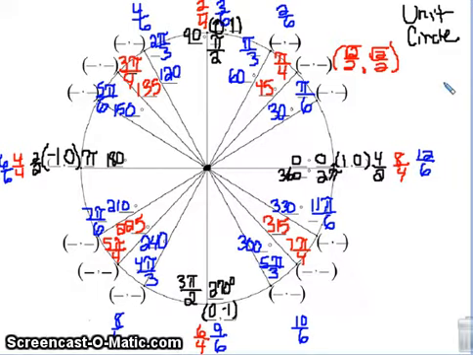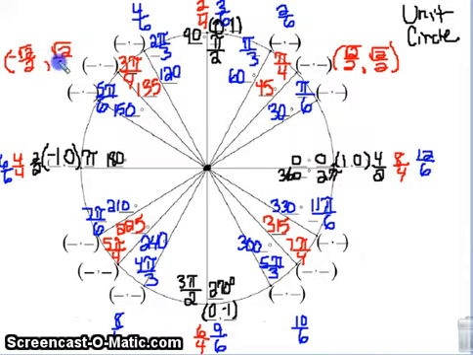Now that's in quadrant 1. Is my 45, 45, 90 triangle going to be any different in quadrant 2? No, but is my coordinate going to be different? What's going to be different about it? It's going to be negative square root of 2 over 2, but my y coordinate is still going to be positive square root of 2 over 2.